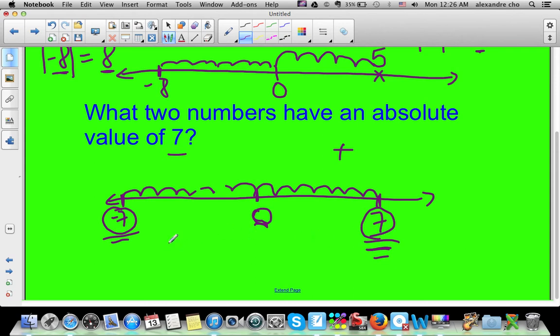So I can write the absolute value of -7 is 7 because you need to take 7 steps. And the absolute value of 7 is also 7. So these two numbers, -7 and 7, are both 7 spaces away from 0. Okay? It's a little refresher for you guys.